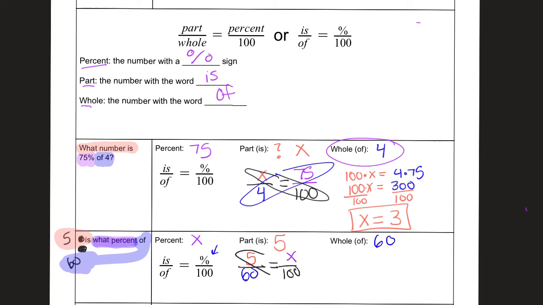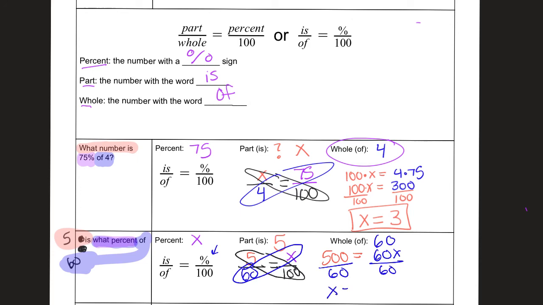Cross multiply. 5 times 100 is 500. 60 times x is 60x. I need to get x by itself, so I'm going to divide by 60. Okay.